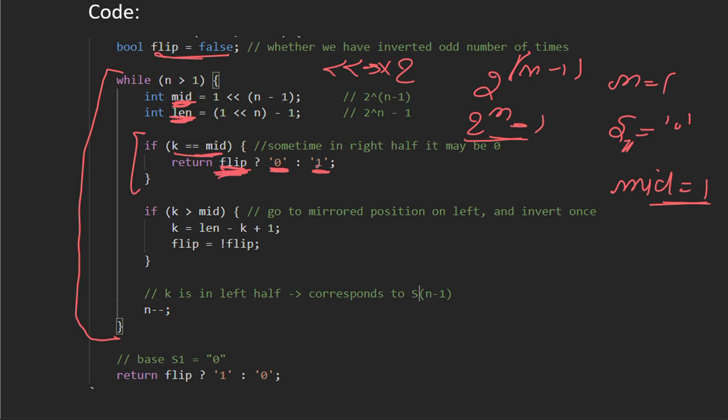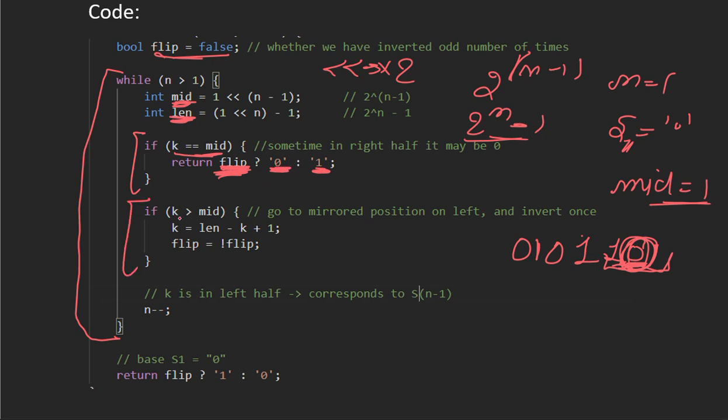But if flip is true, then it may be 0 also, because see, 0 1 0, then 1, and then 1 0 1. Suppose if we go to the right side and then we check the middle element, then see it is 0. So that's why we check whether the flip bit is true or not. If flip is not true, then we directly return 1, else we have to return 0.